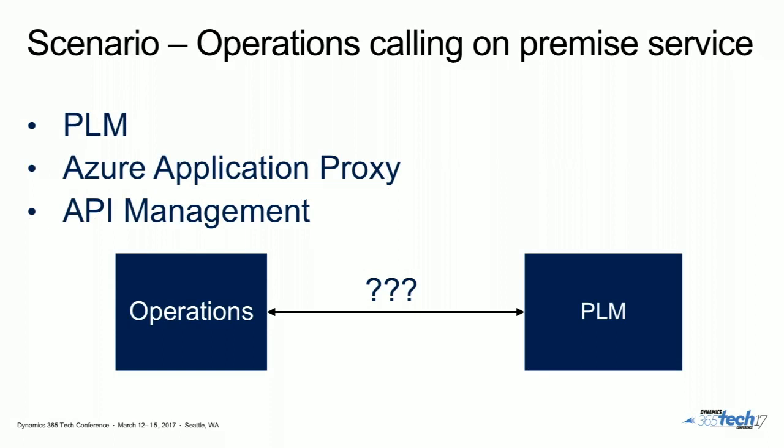Okay, this is one more interesting customer. This customer has a PLM solution, which is the product lifecycle management solution, and they have this on-prem. In terms of the data that's available in PLM, they have item definition, BOM, and a few other things.